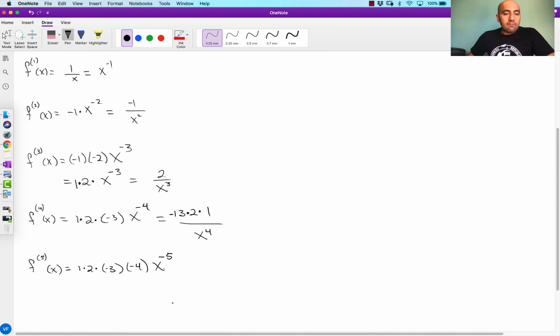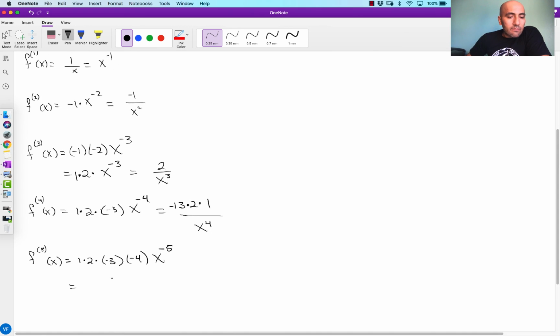And so we can simplify that a little bit by saying that this is 4 times 3 times 2 times 1 times x to the negative 5 power. Or we can rewrite it as 4 times 3 times 2 times 1 all over x to the positive 5 power in the denominator. So it becomes positive.